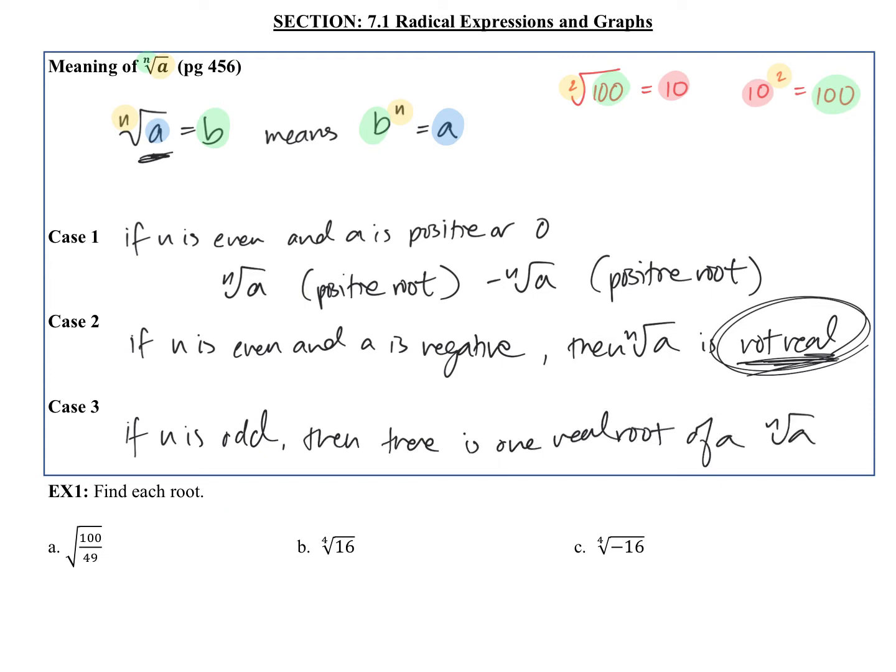Okay, so basically it's talking about whether our n value is even or odd, and that will affect the answer depending on if a is positive or negative. So you've got to keep a lookout for that. Make sure you note whether n is even or odd, and note whether a is positive or negative. That will change the kind of answer you get.